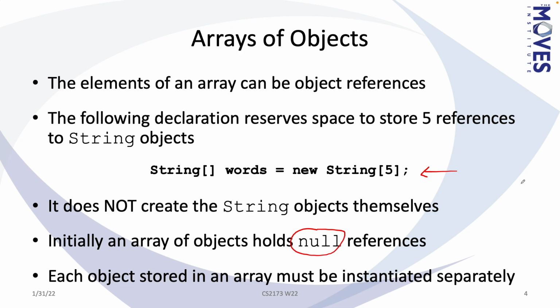The thing to remember is that when you instantiate an array of any kind, the values of those items are the default values of whatever they are. And there are a handful of possibilities. If it's an object, the default value of an object reference is null.